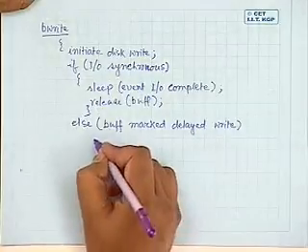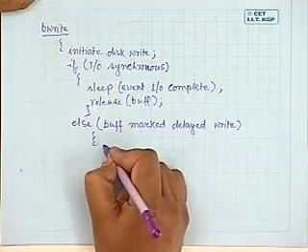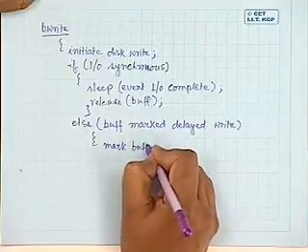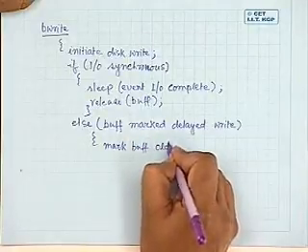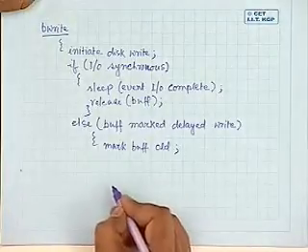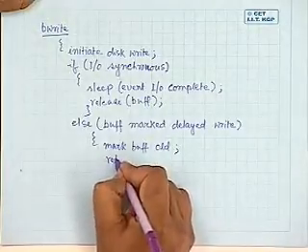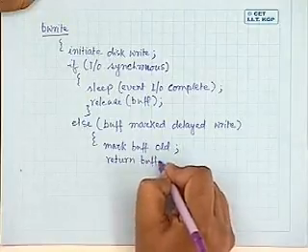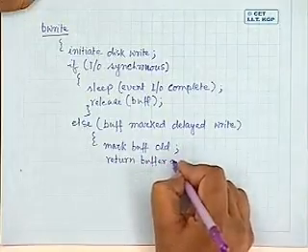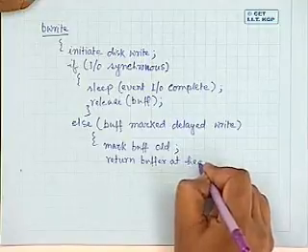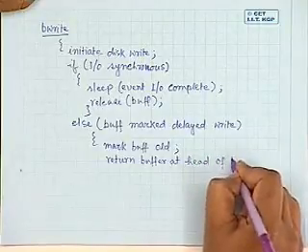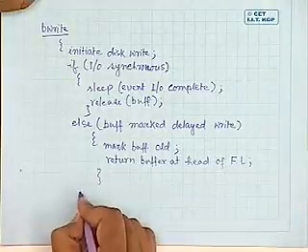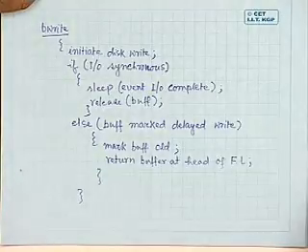So in this case, you mark the buffer old and return the buffer at the head of the free list after the writing is complete.